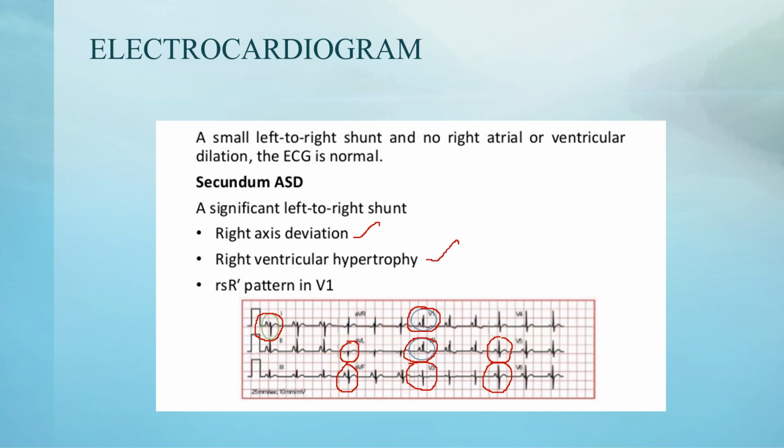The last one is the RSR' pattern in lead V1. The RSR' pattern indicates nothing but a right bundle branch block. In right bundle branch block, in V1 you have an M pattern, that is the RSR' pattern, and a W pattern in leads V5 and V6.